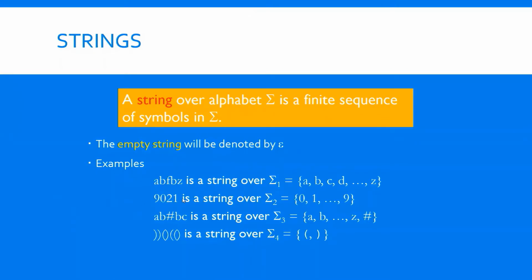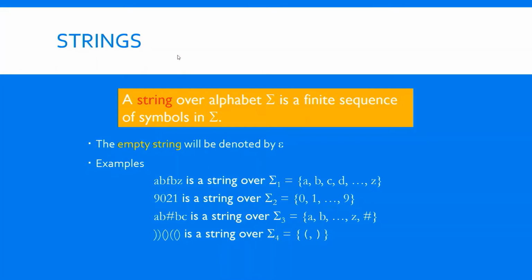If you collect all those strings, or some of the strings, and make a set, that will give you another set that we have defined, which is the language over that particular alphabet.